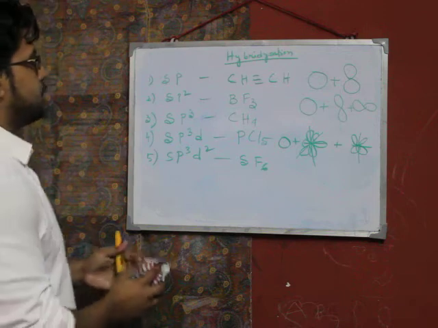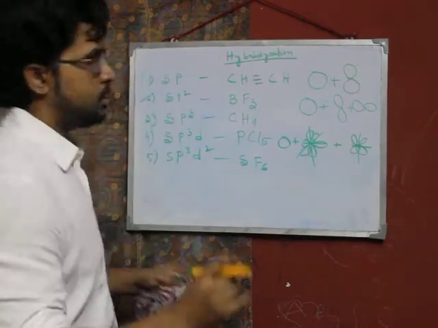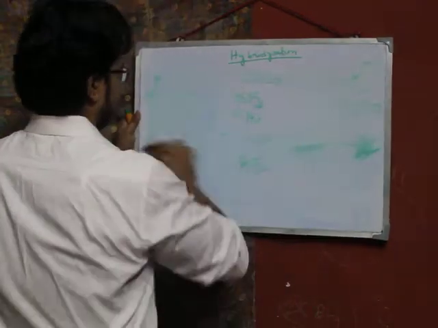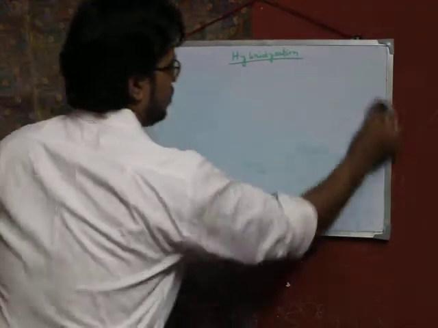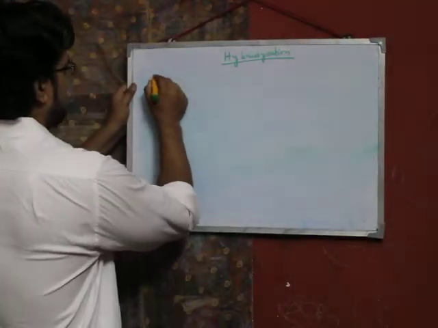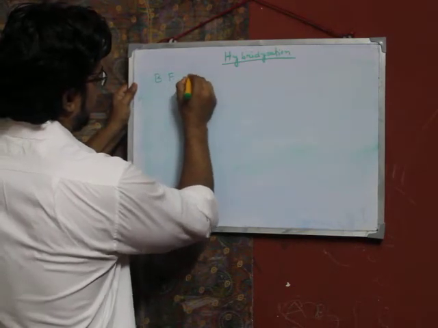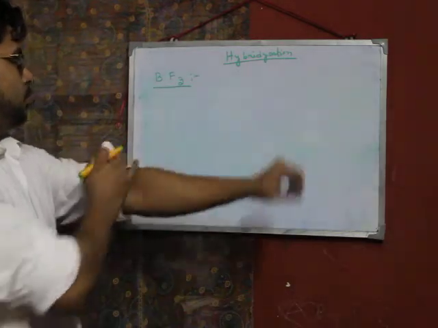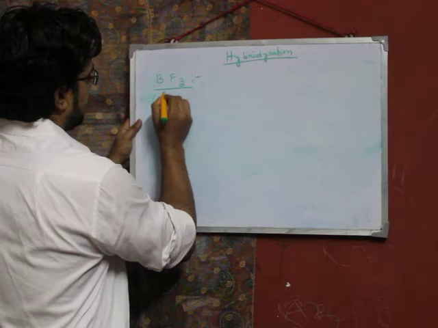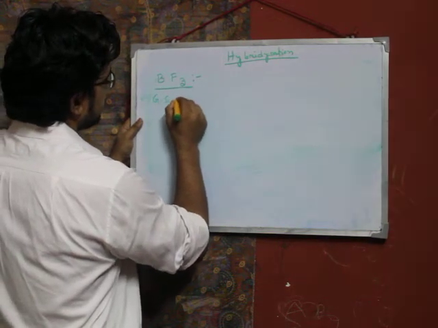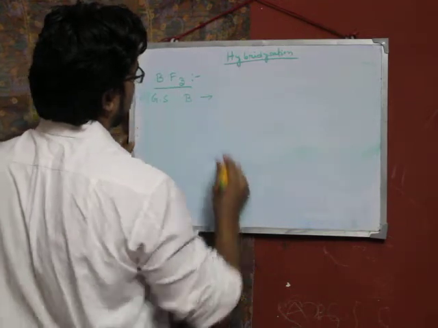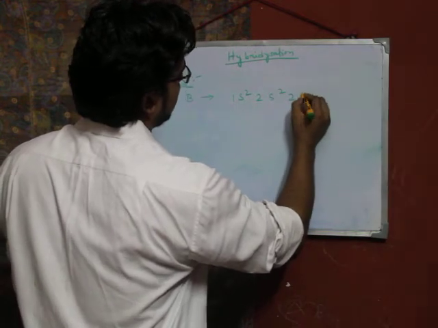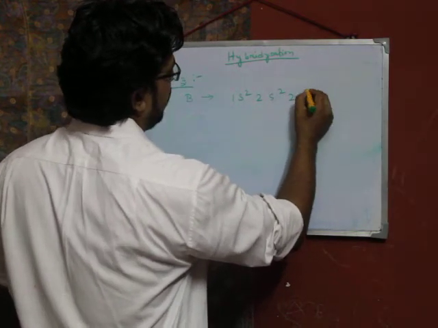Now first of all we discuss sp2 hybridization, the formation of the BF3 molecule. The ground state of the boron atom is 1s2, 2s2 and 2p1.